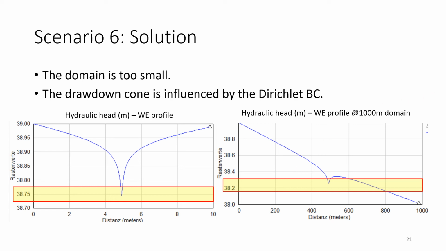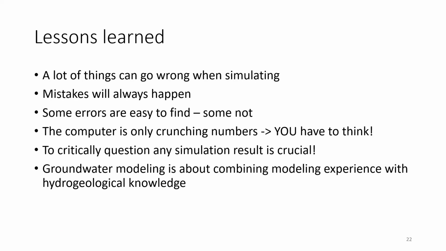So let me conclude. Actually, there is a lot of things to learn from this lecture. First of all, there are a lot of possible error sources when doing numerical simulations. And you have to imagine here these have all been completely synthetic cases.